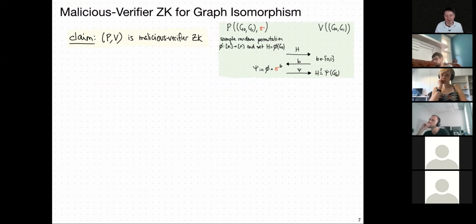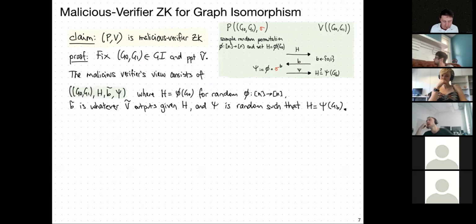So now we're going to take the same protocol and argue that even if the verifier misbehaves, the prover is still protected. So now we're going to fix some pair of isomorphic graphs and some malicious verifier. Now the malicious verifier view is not distributed the same way as the honest verifier's view.